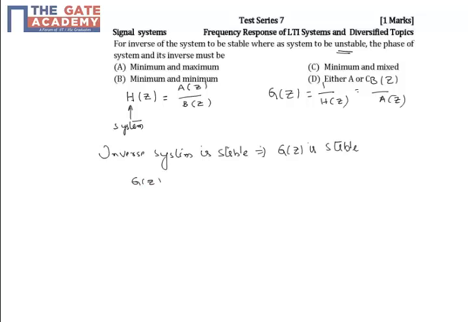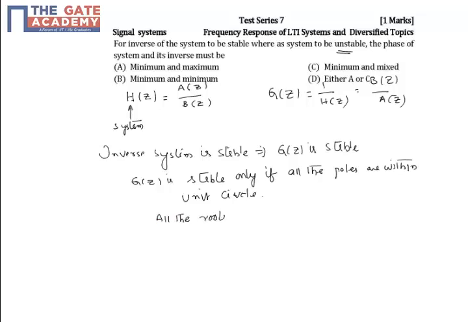G of z is stable only if all the poles are within the unit circle. Right? That means all the roots of A of z are within the unit circle.